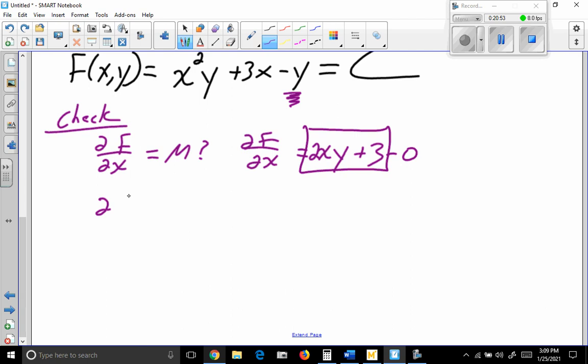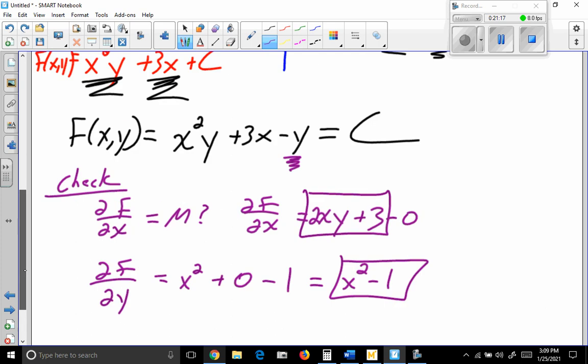Now if we do our partial of f with respect to y, so if this is f, when we take the derivative of this with respect to y, x squared is a constant, the derivative of y is 1. 3x is a constant, the derivative of a constant is 0. The derivative of y with respect to y is 1, so that's x squared minus 1.